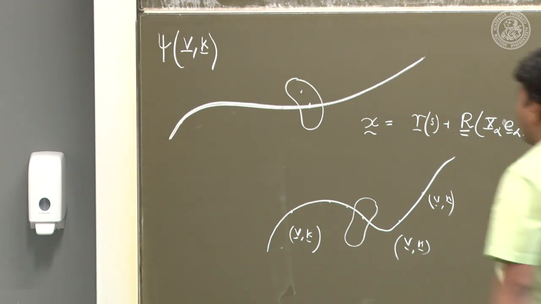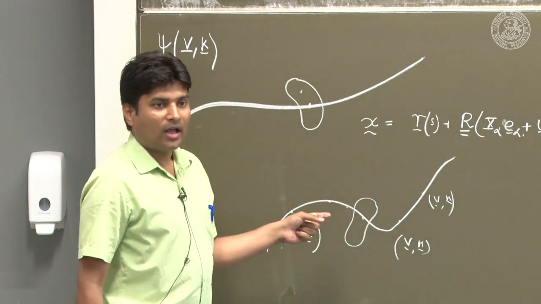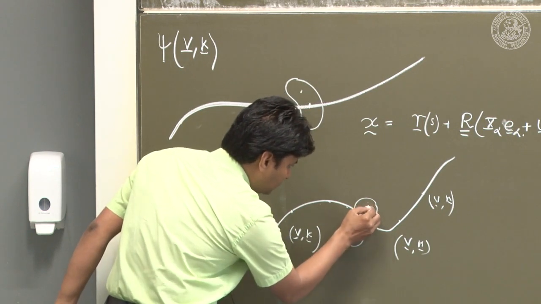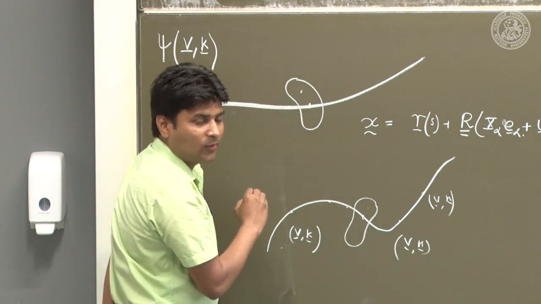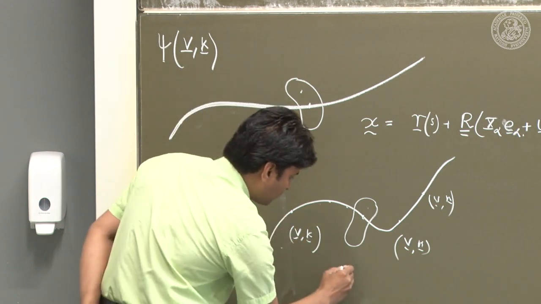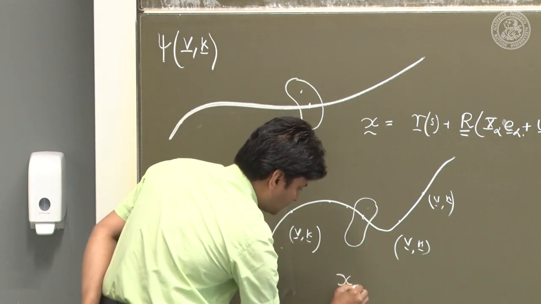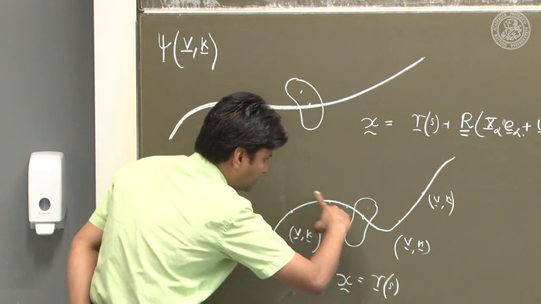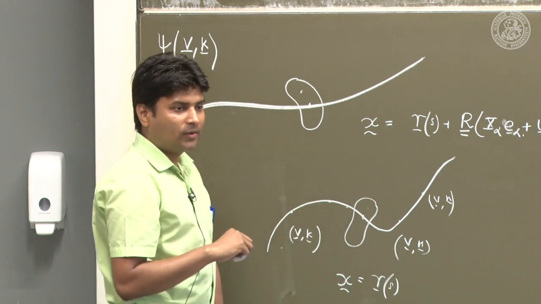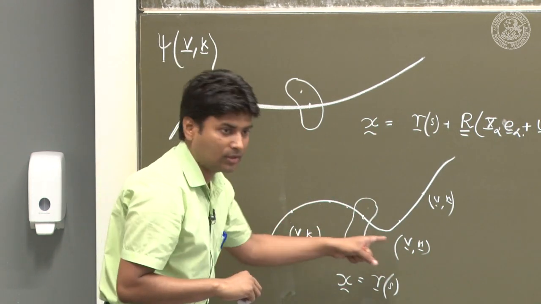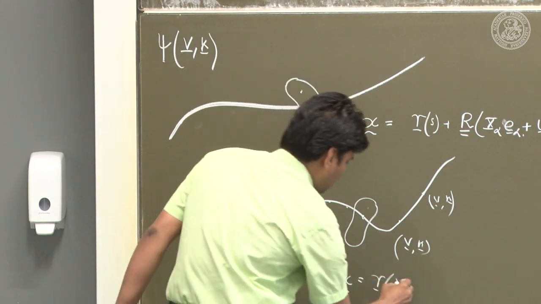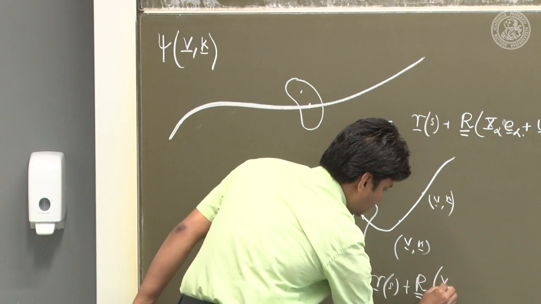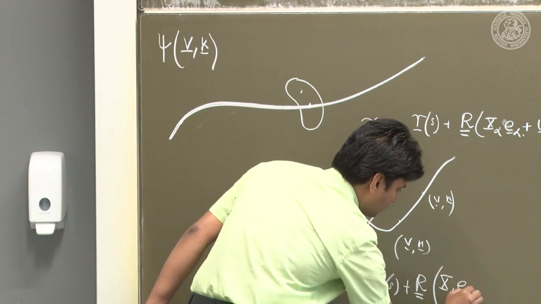Okay. And then, so if I think of the deformation map here, what will the deformation map be? Your little x is equal to little r of s, whatever is the little r here, for having same v and k, plus big R times x alpha E alpha.